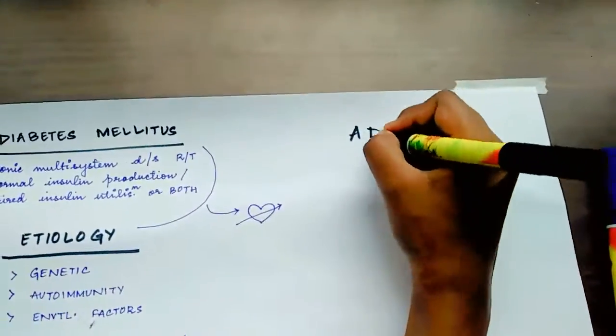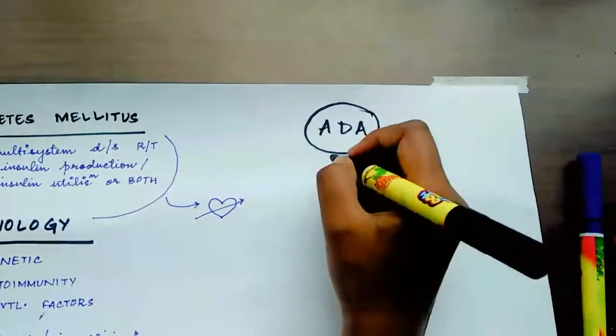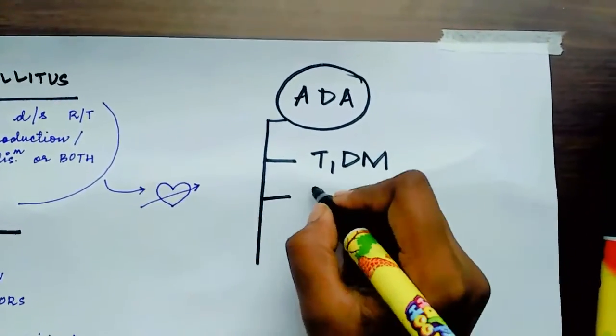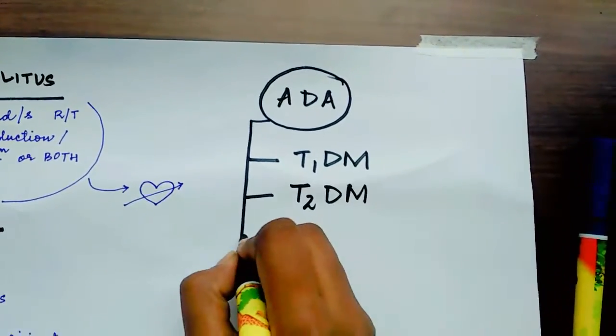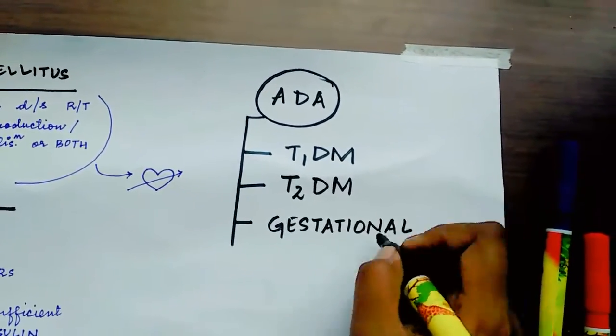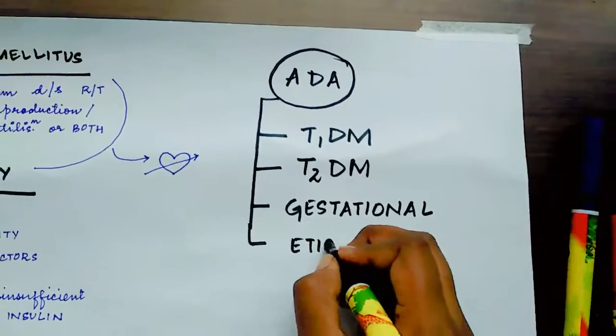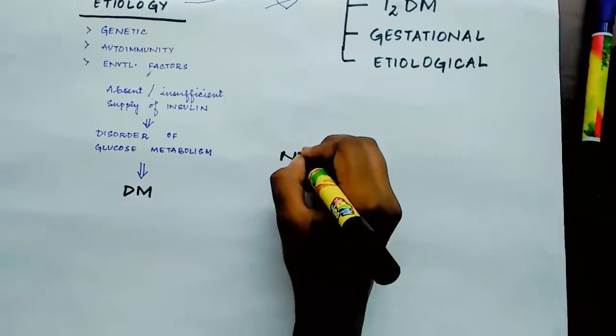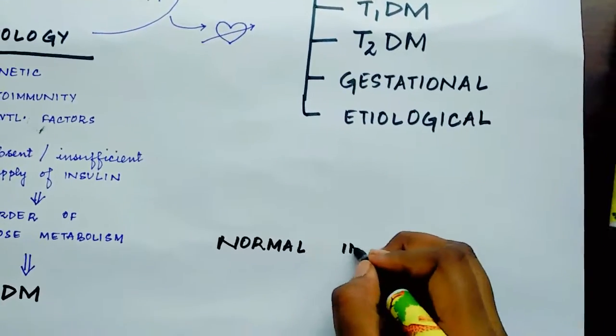The American Diabetes Association recognized 4 different classes of diabetes: type 1 diabetes mellitus, type 2 diabetes mellitus, gestational diabetes, and etiologically caused diabetes.